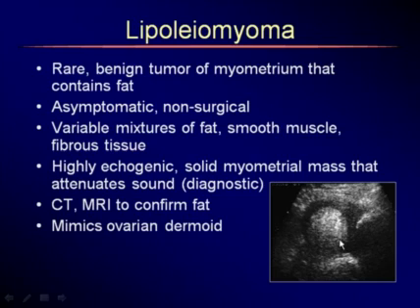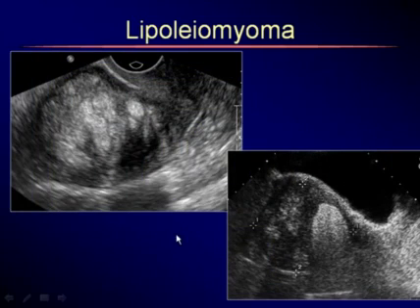Also reminds you of what an AML looks like in the kidney, angiomyolipoma, because that has fat in it. So there's fat with attenuation. And you can confirm this with CT or MR, and it's a benign condition, does not need to be removed. The only thing is you have to be sure that that's actually in the uterus and not, for example, an adnexal mass such as a dermoid.